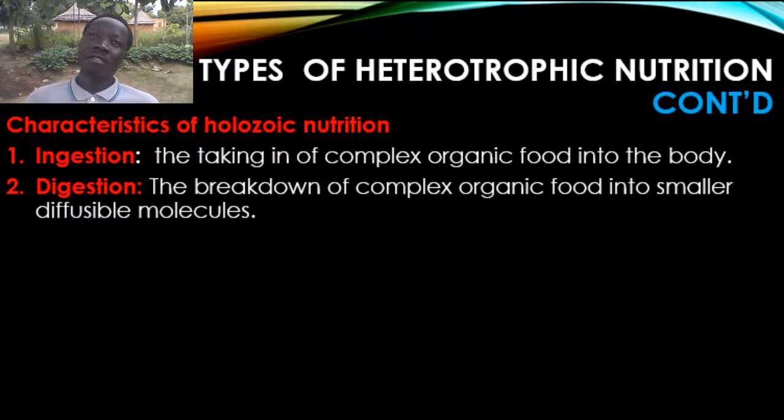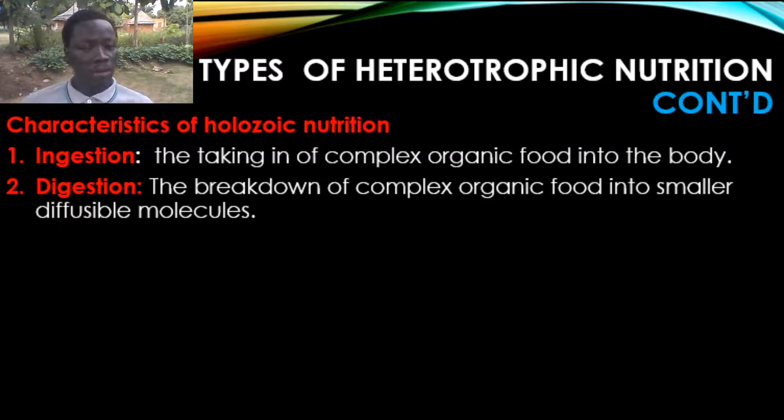Even just from the mouth, if it is the case of eating cassava, the starch gets digested by the enzyme amylase, salivary amylase. This digestion is what you mean by the breakdown of the complex organic food molecule into smaller diffusible molecules.